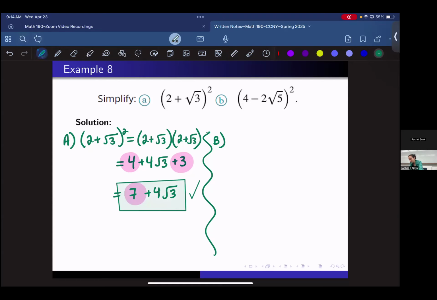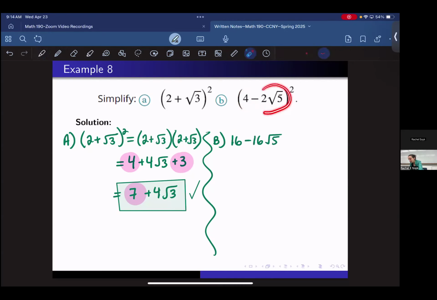From the difference perspective, now those middle two terms, you're adding it, but then you're sticking a negative in front. So 4 squared gives you 16. We have 4 times negative 2 square root of 5 is negative 8 square root of 5. Double that, and you get a negative 16 square root of 5.